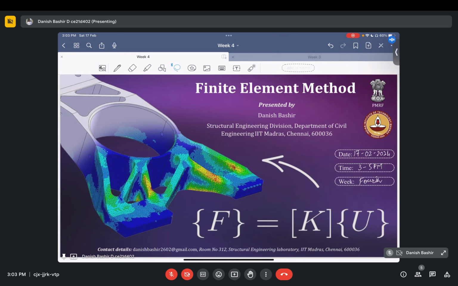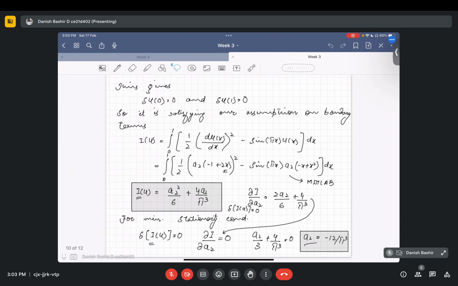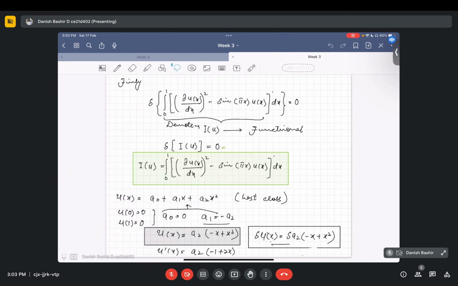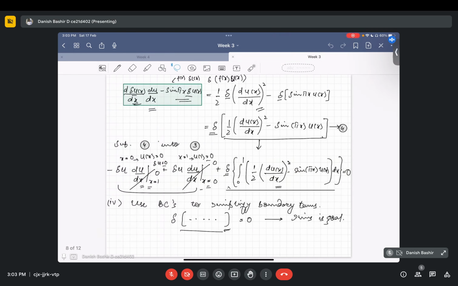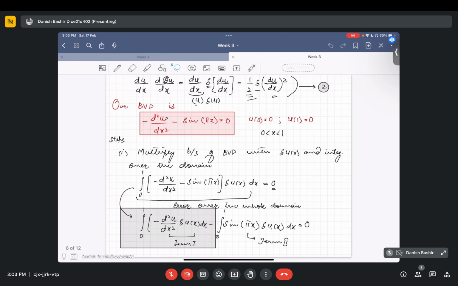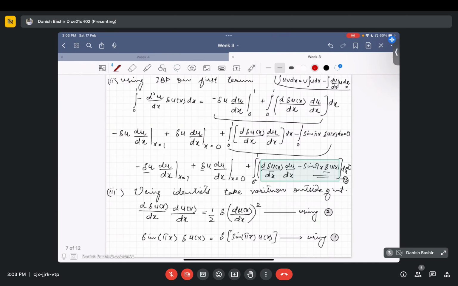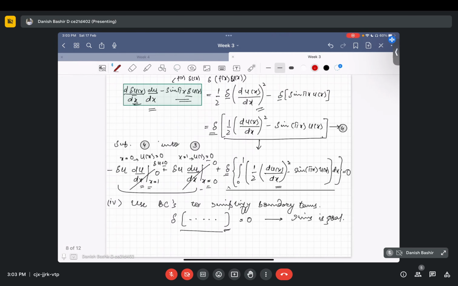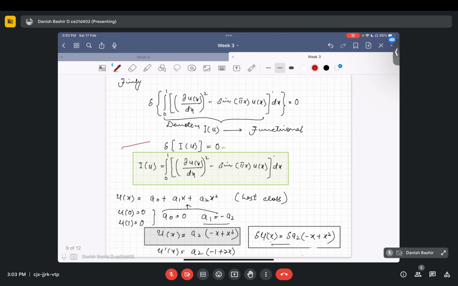Continuing from the last topic, in the Rayleigh-Ritz method, we applied variational calculus to our boundary value problem, and then we used different variational identities to come up with a function, which is known as the functional. In the last class, I hope you all remember this functional.